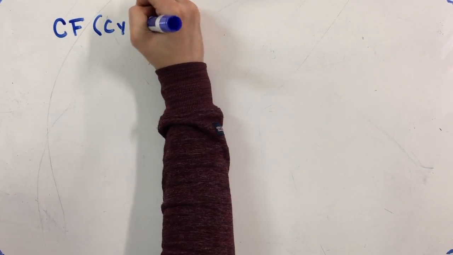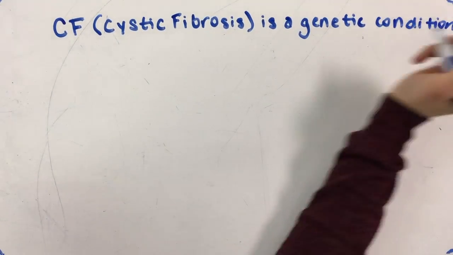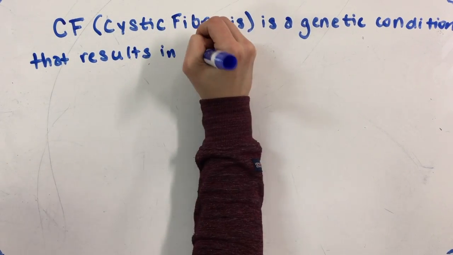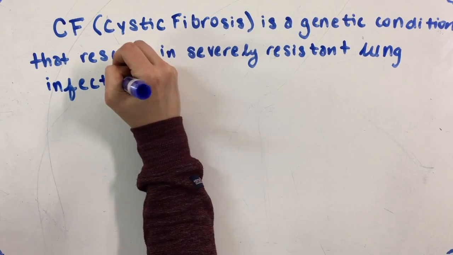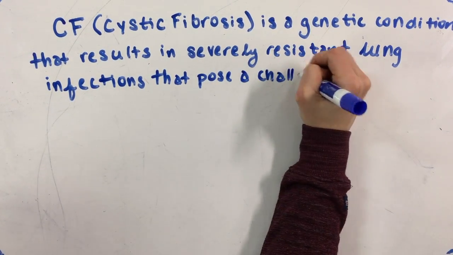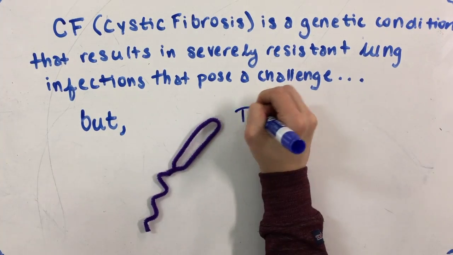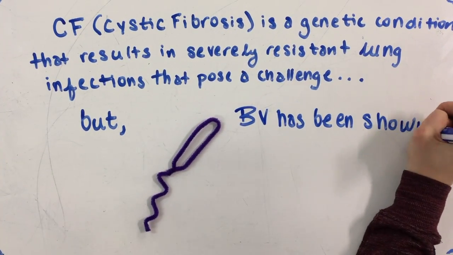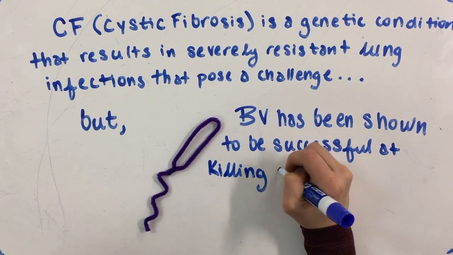One of these possible applications is in patients with cystic fibrosis, a genetic disease that often results in the colonization of resistant lung infections such as Pseudomonas that are hard to treat. But this is a gram-negative bacteria, and in vitro BV has been shown to be effective against it. So aerosolized BV could be a possible treatment for Pseudomonas infections in CF lungs.